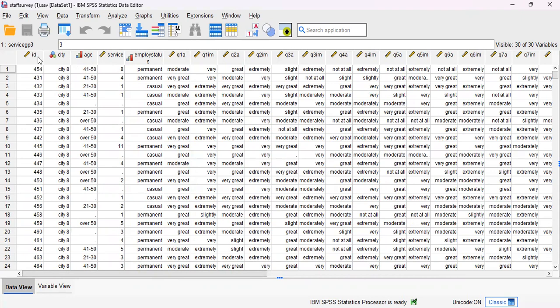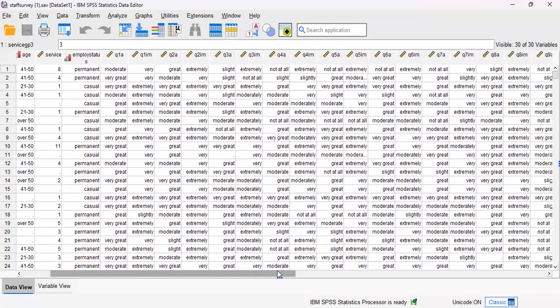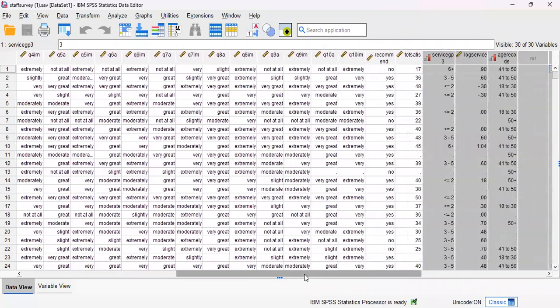you can basically look and see that they had employees that were assigned ID numbers based on the city and an age range. And then there's their employment status, their length of service, a whole bunch of other different metrics.